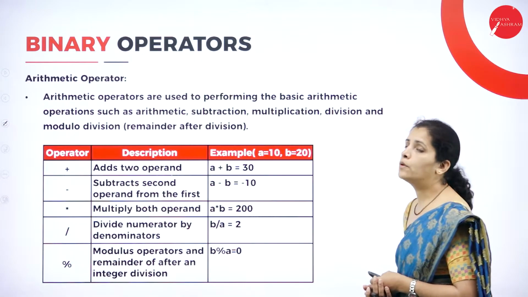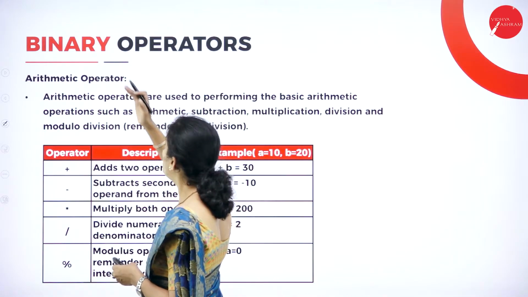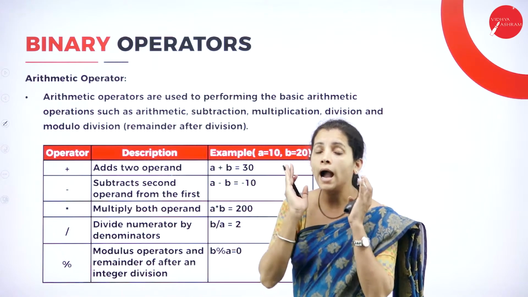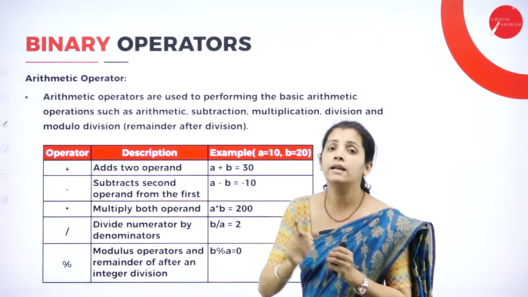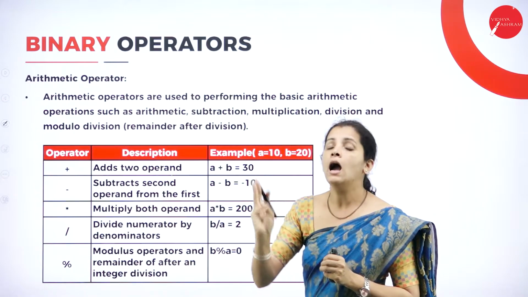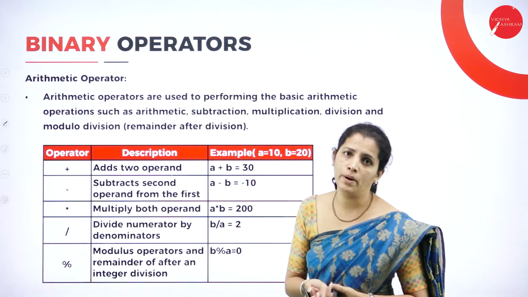Moving further, I'm going to have the binary operator. So, what is binary operator? Here, I can have two operands, and I'm going to place the operator between the two operands. Under binary operators, I'm going to have the arithmetic operator.